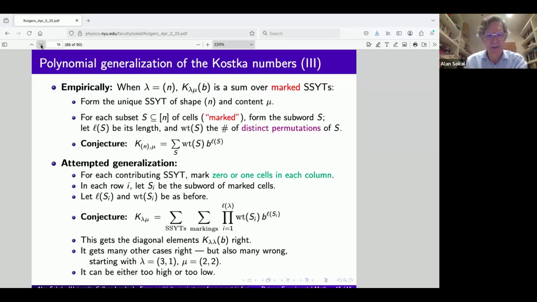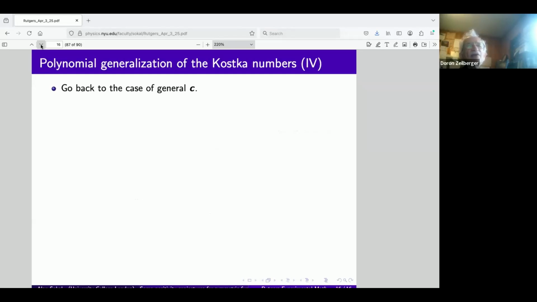So it's not clear. Something like this might be on the right track, but it's certainly not the right thing yet. It looks like it's the right thing for when lambda is one row, but otherwise we don't know. Maybe some inclusion-exclusion with alternating terms. Who knows? I'd be happy to share the data or the Mathematica programs with anyone.